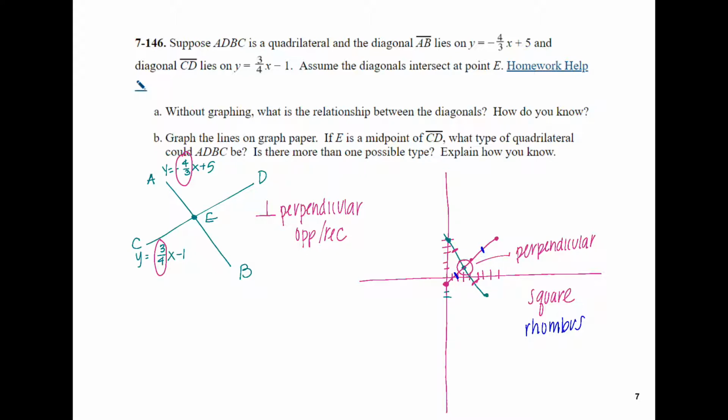And it could also be a kite. So it could be any of these three things based upon the fact that the diagonals are perpendicular and at least one diagonal is bisected. So we know that one of these lines is cut in half.